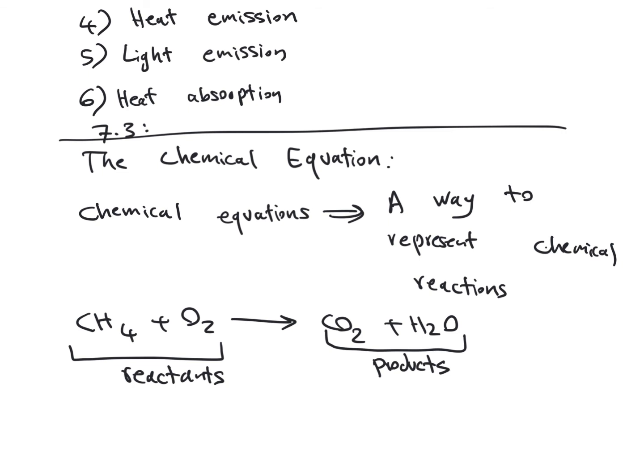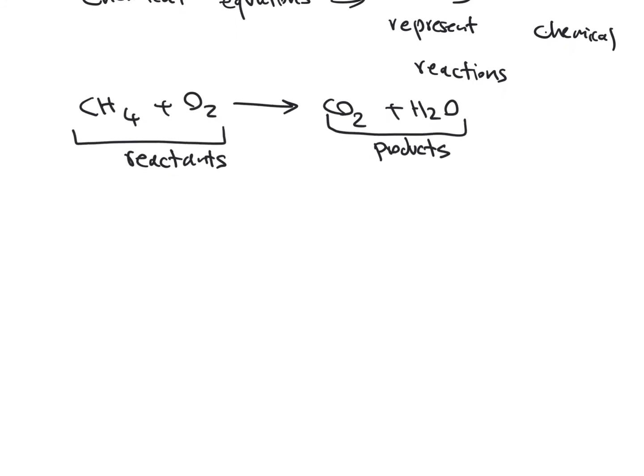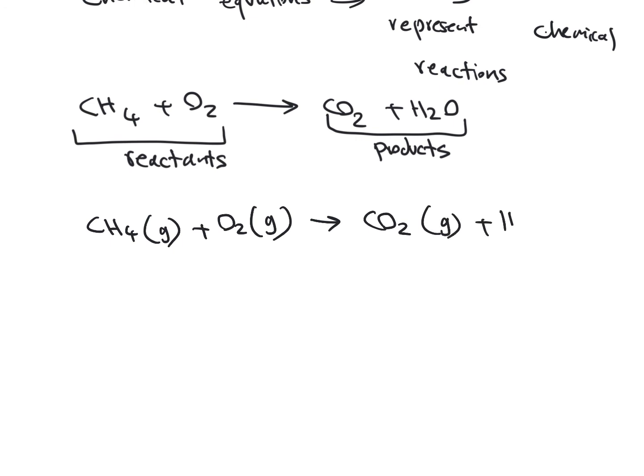And most of the time, as your friend mentioned, we want to know the state of the substances that we have. So we add their state as well. So we write CH4 in gas form plus oxygen in gas form gives CO2 in gas form plus H2O in gas form.